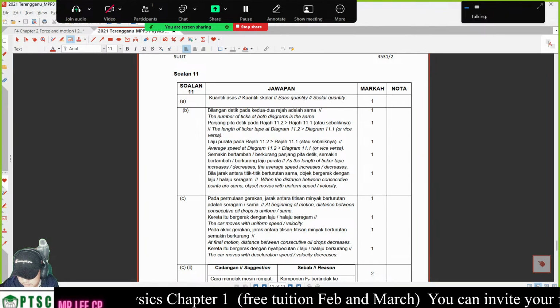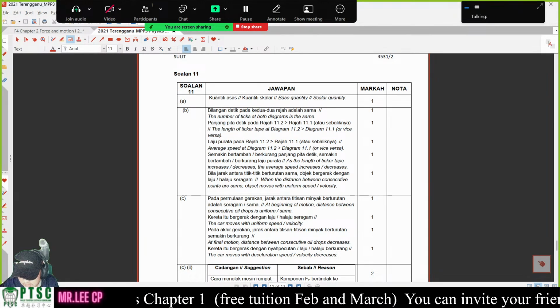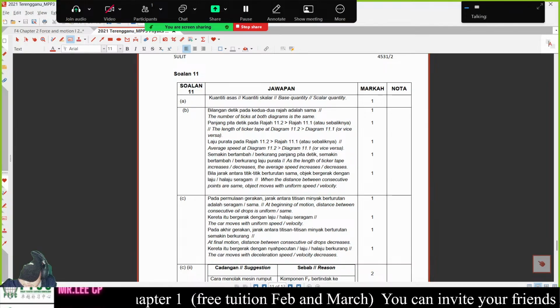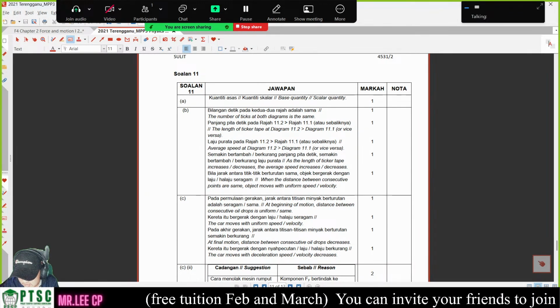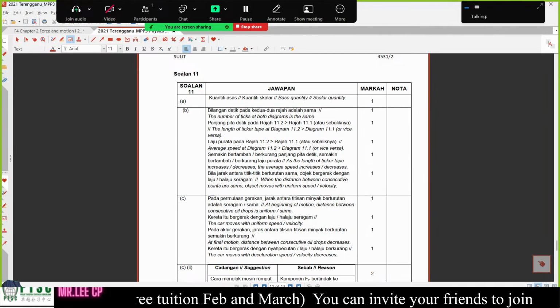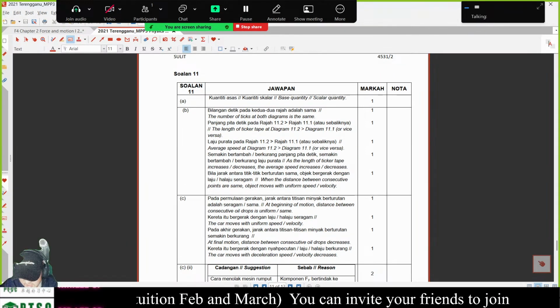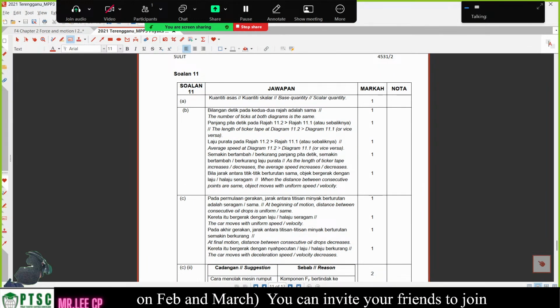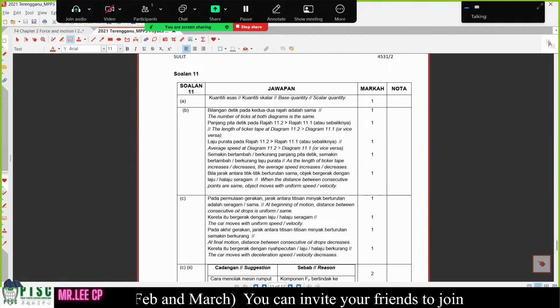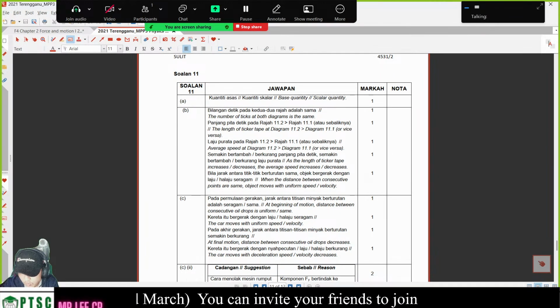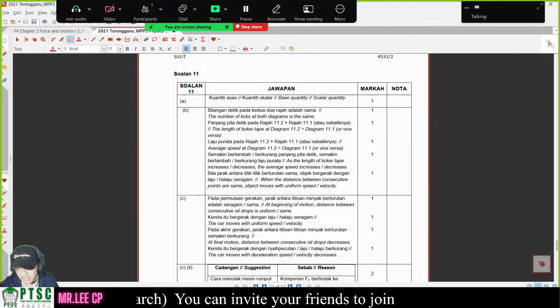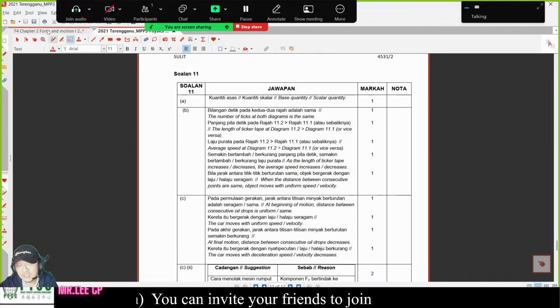As the length of the ticker tape increases, the speed increases. The longer the ticker tape, the further the distance, the average speed increases. If you said decrease, this one is wrong. When the distance between two consecutive points is the same, the object moves with constant velocity. That's why I got 5 marks.